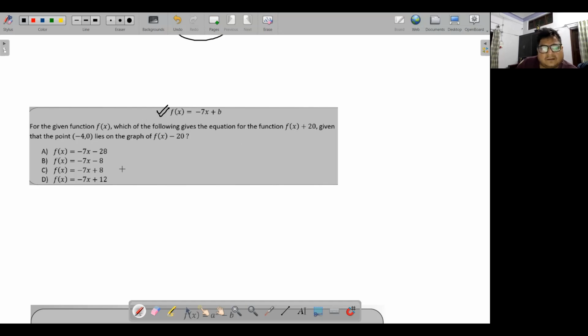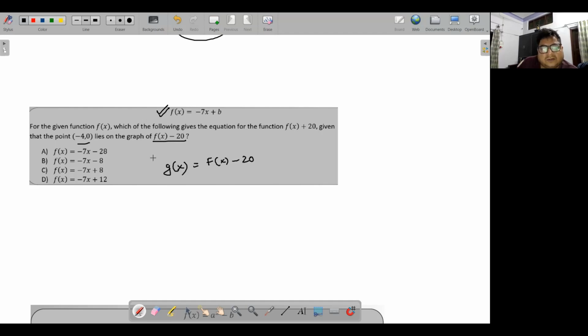But we will solve it using the manual way because we have so many f of x here. First of all, this says the point lies on the line f of x minus 20. First of all, you have to take f of x minus 20 and make it g of x.